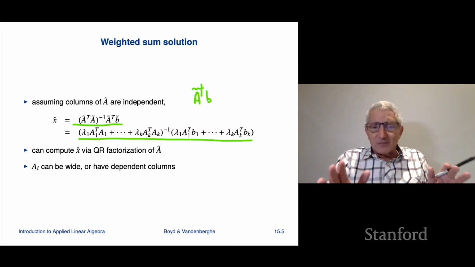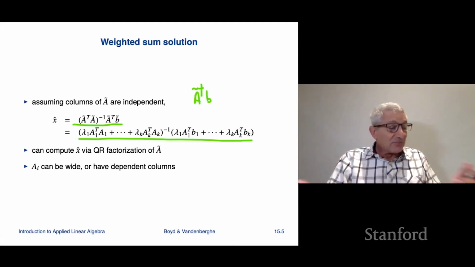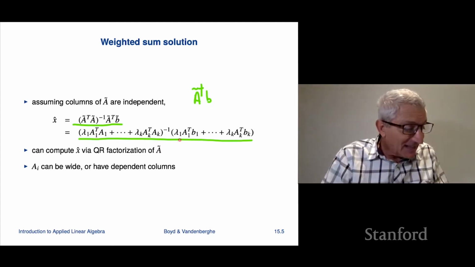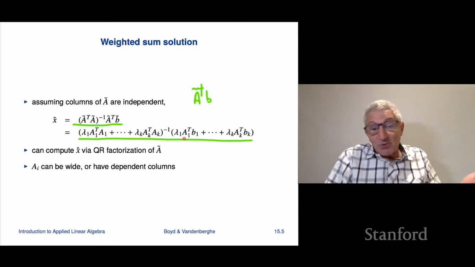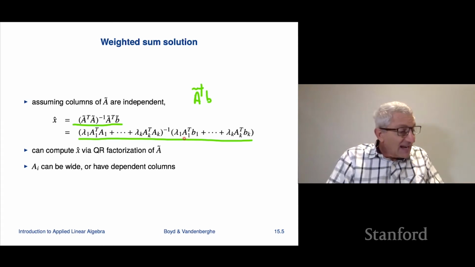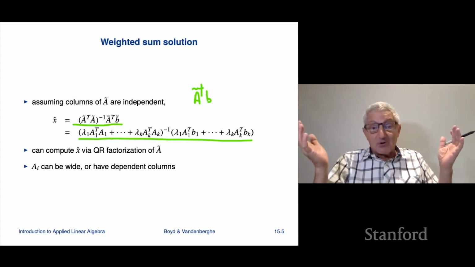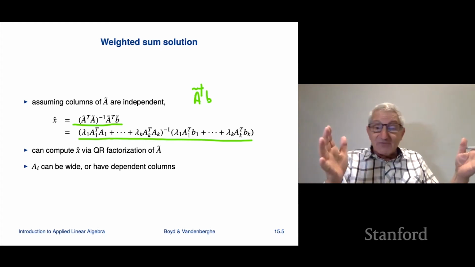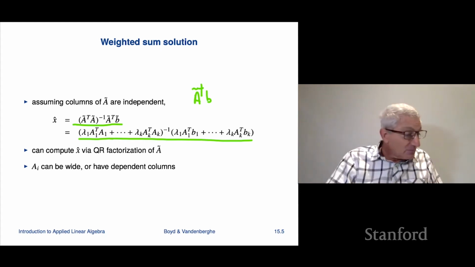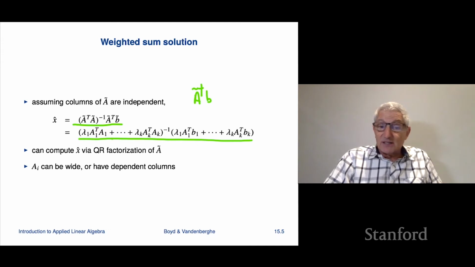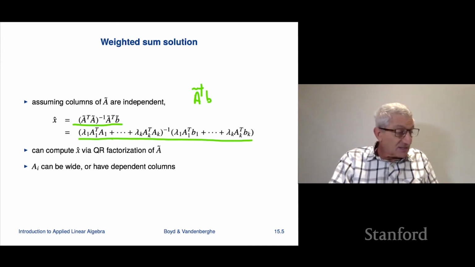I'm speaking very roughly because these are matrices and vectors, but the numerator forms a weighted sum of the numerators, and you take a weighted sum of the denominators. It's a matrix inside an inverse, so that's something like a denominator. Now, you can calculate this via QR factorization of A tilde. Lots of ways to solve this problem.